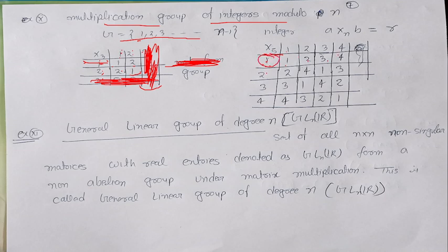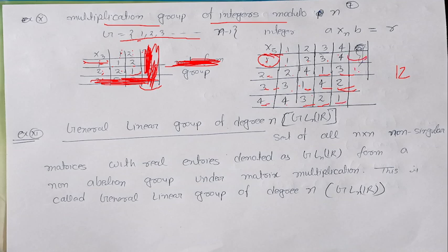So one is treated as the identity element. 2 into 1 is 2, 2 into 2 is 4, 2 into 3 is 6, modulo 5, 6 divided by 5, remainder is 1. 2 into 4 is 8, divided by 5, remainder is 3. 3 into 1 is 3, 3 into 2 is 6, modulo 5, remainder is 1. 3 into 3 is 9, divided by 5, remainder is 4. 3 into 4 is 12, divided by 5, remainder is 2. 4 into 1 is 4, 4 into 2 is 8, remainder 3. 4 into 3 is 12, remainder is 2. 4 into 4 is 16, remainder is 1.